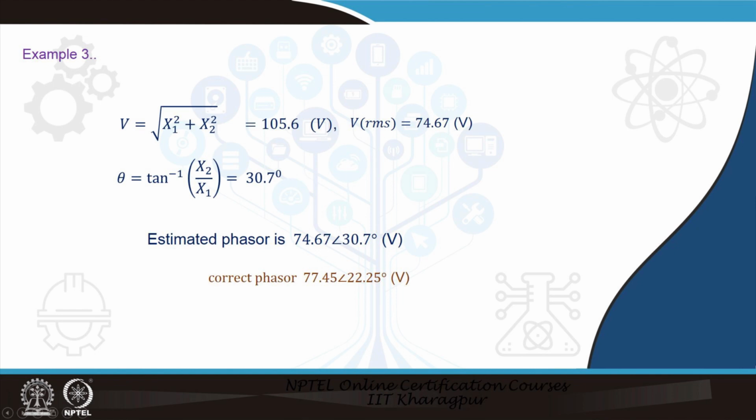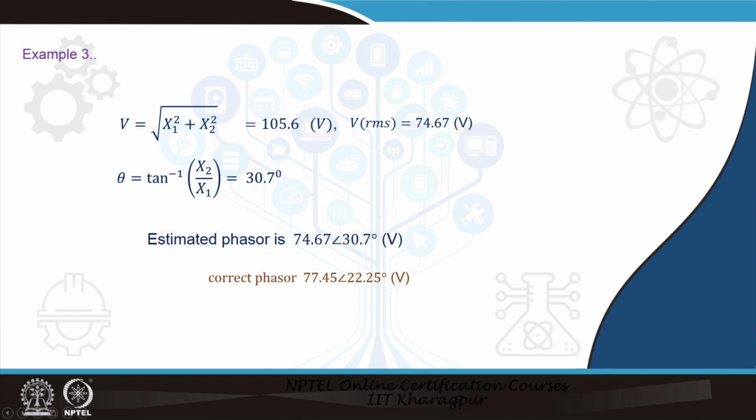When we use the x we get v to be 105.6 and the RMS value becomes a different one, 74.67, and the angle theta is not 22 point something, it is now 30.7. Therefore, the estimated Phasor becomes 74.67 with 30.7 for the same fundamental component as in the first example.